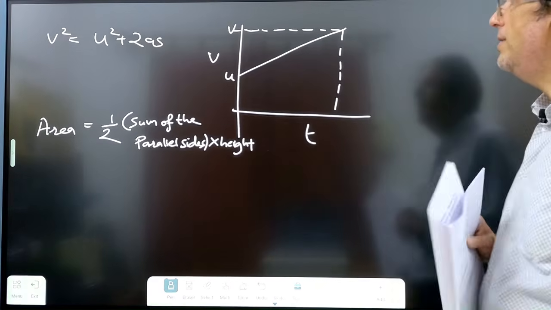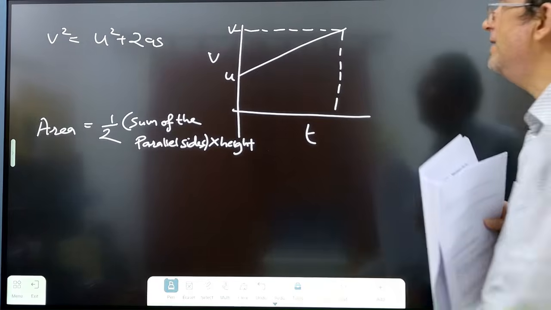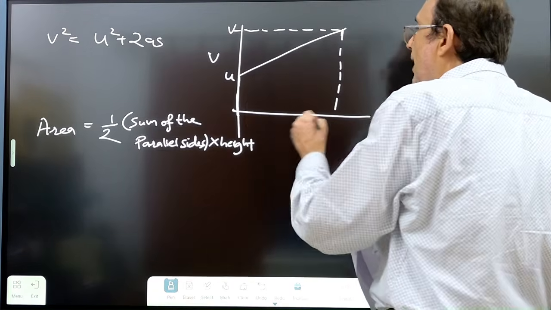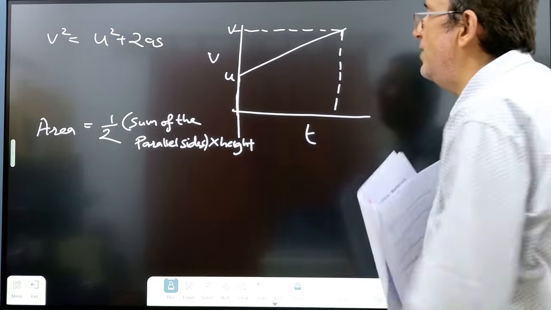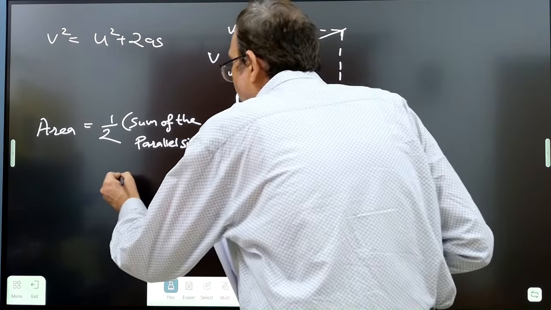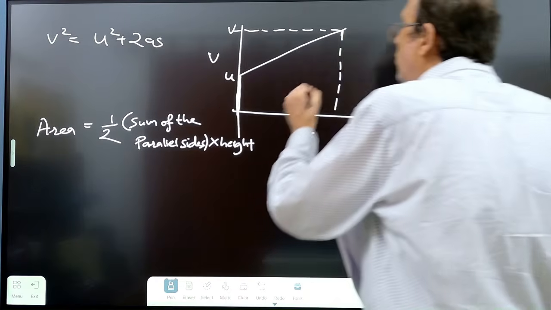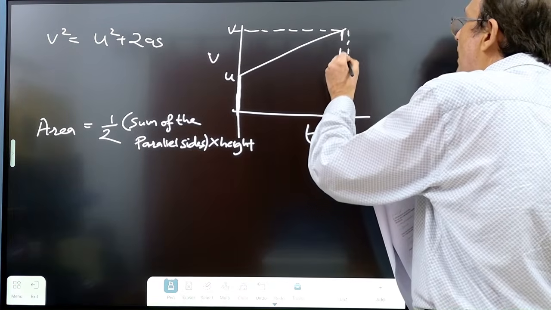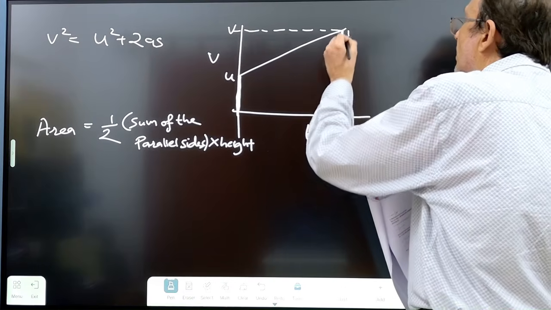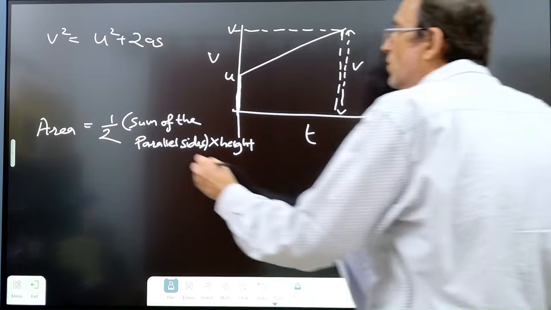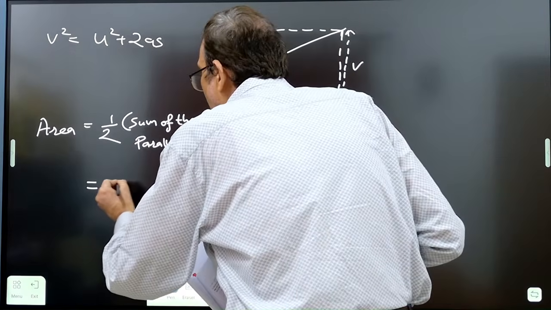Okay, so the sum of the parallel sides: this is one side which is parallel to the other. So the sum of the parallel sides is u plus v simply. This is one parallel side, its length is u, and this is the other parallel side and its length is v, as you can see.